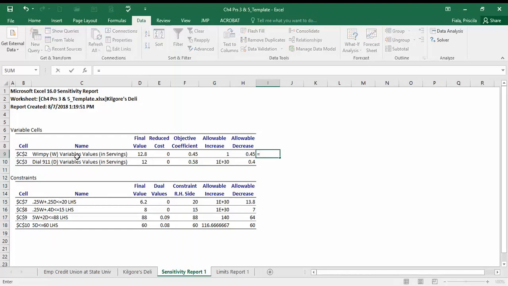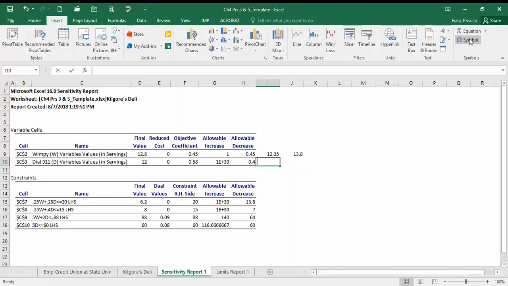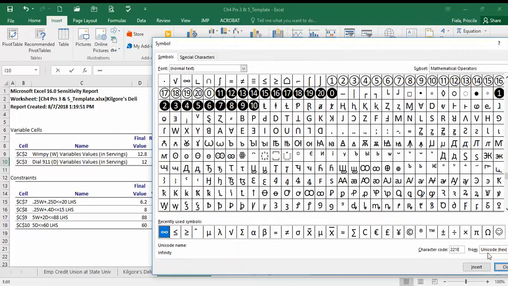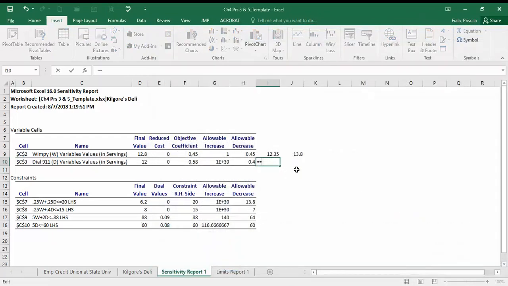Your final value, we're talking about your decision variables right here. So the allowable decrease is 0.45, and the allowable increase is 13.8. Right here, this is an infinite. So really all we can do is go ahead and insert a symbol, the infinite symbol, and close over here.